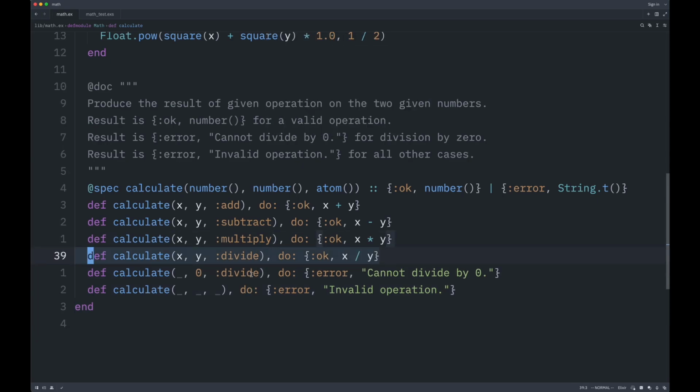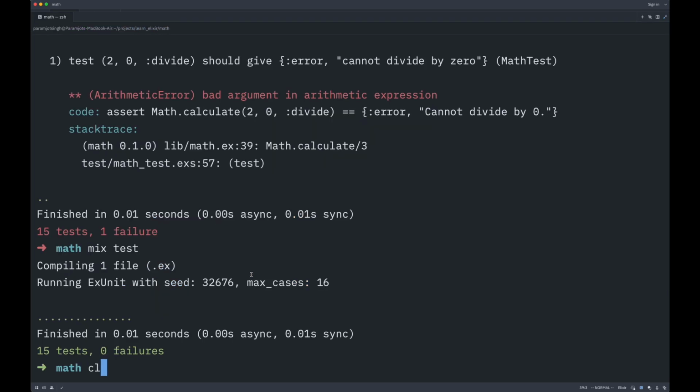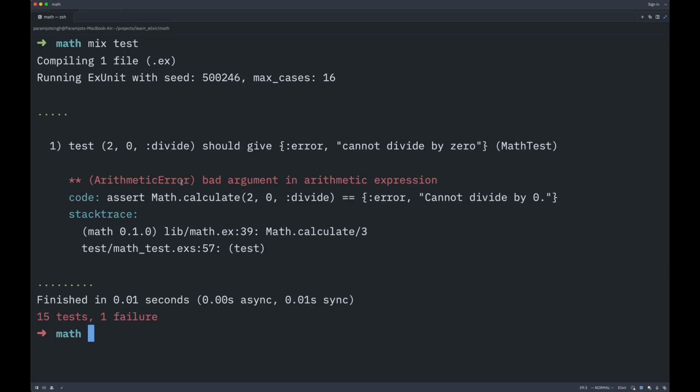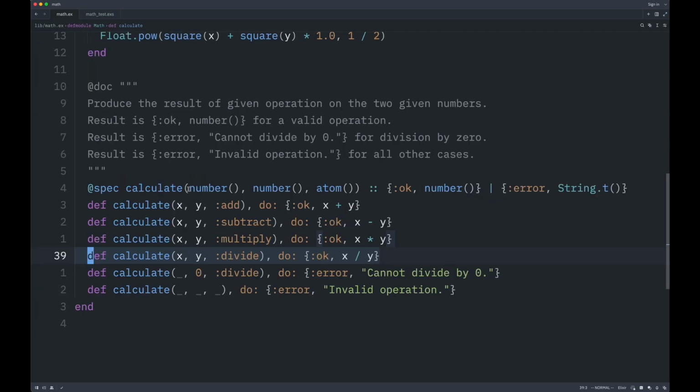So here I flip the order, and going back to mix test, I see that now the test fails because it is saying arithmetic error, and that is because it is trying to execute the 0 division with this operation.